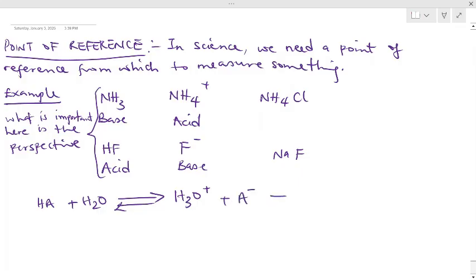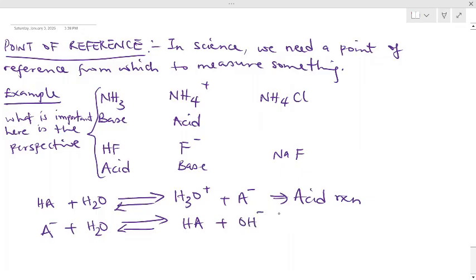What this signifies is an acid reaction. The A minus can also react with water, giving another reaction where A minus accepts the proton, leaving OH minus behind, and that implies a base reaction.